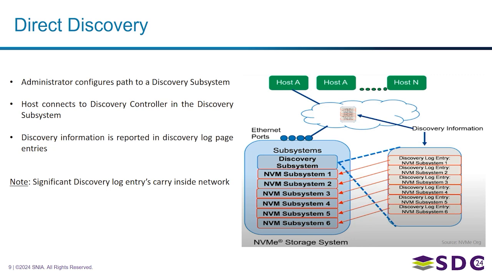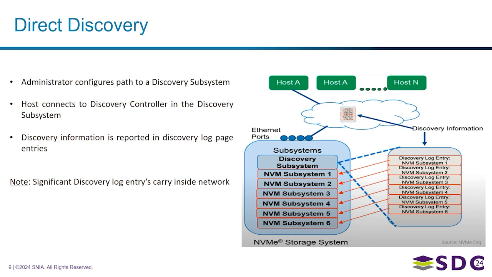As we discussed about direct discovery, we mainly talk about the discovery information. What consists of the discovery information is, when we have the DDC connected, it has multiple devices, probably 20 or 30 devices. In this particular picture, there are 6 devices, each one being NVMe subsystem 1, 2, 3, up to 6.